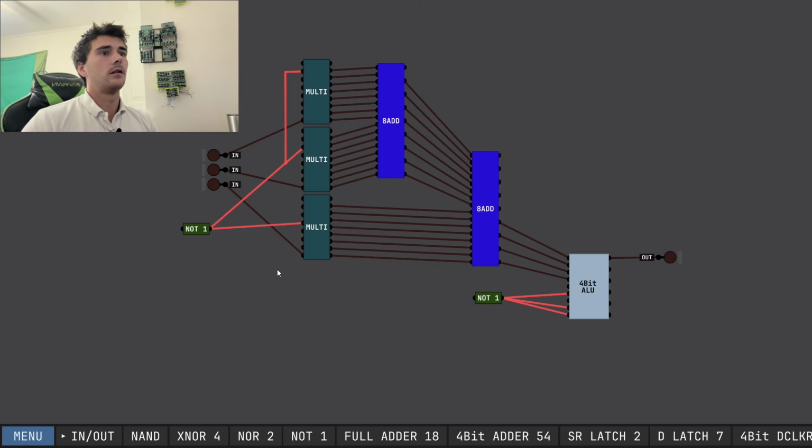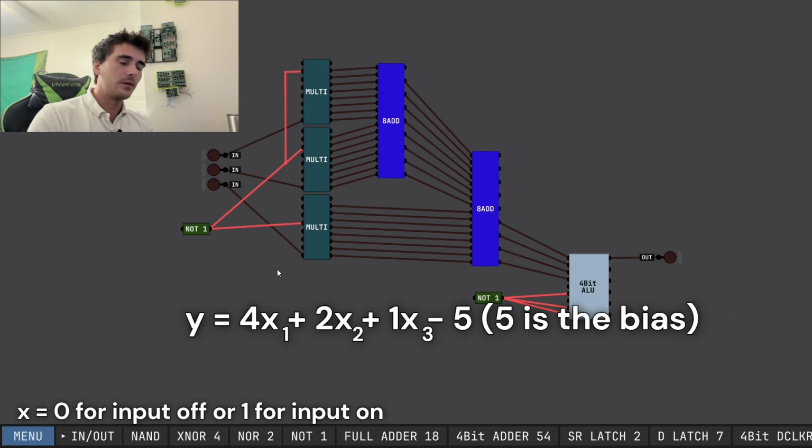That does help with that. And the way this equation is set up is y equals 4x1 plus 2x2 plus x3 minus 5. And you can see that right here. So this top multiplication unit, binary 1 going in here, and then we have multiplied by 4, so the output is either 0 or 4.